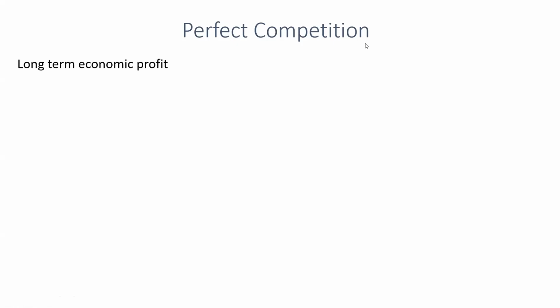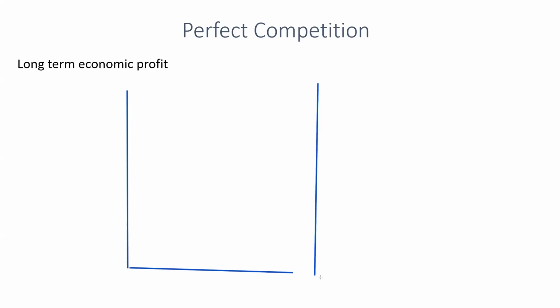In the long run, I'm going to pick one example, and from that example, you'll understand the broader situation. So the same diagram again. This will be a recap for someone who hasn't understood the diagram. I'm going to show you a profit-making situation.